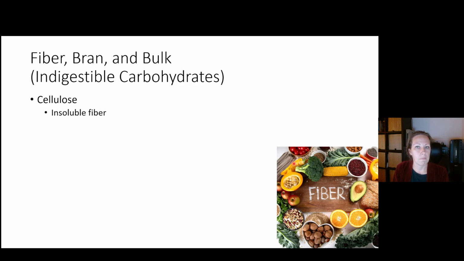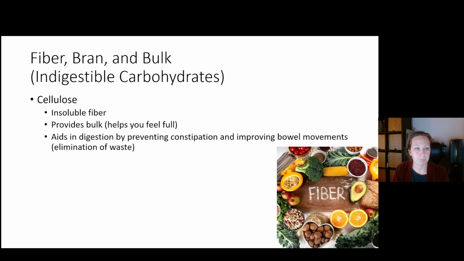So the benefits of insoluble fiber: it provides bulk, so it just helps you feel full without actually consuming a lot of calories. It aids in digestion by preventing constipation and improving bowel movements, or the elimination of waste, however you want to phrase that.